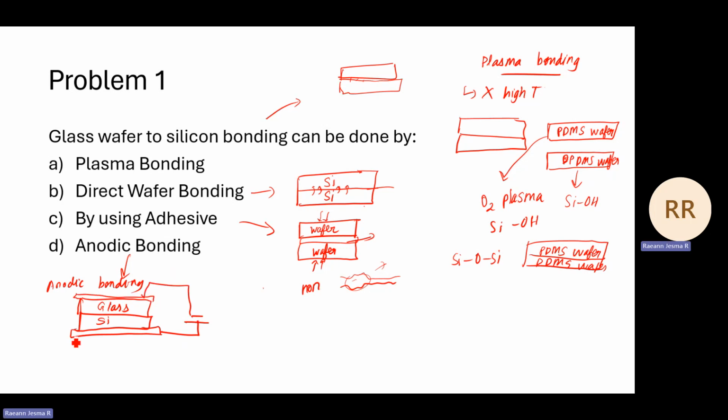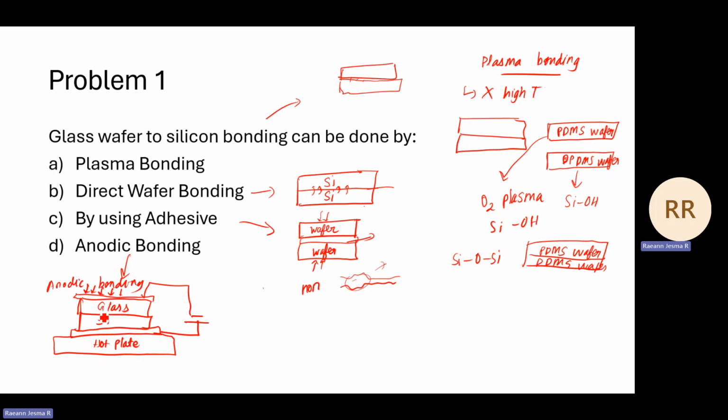The entire setup will be kept on a hot plate. And we'll be applying some amount of pressure or force, so that both the wafers are in contact with each other. When we apply an electric field across this configuration, there will be a depletion layer formed in the glass.